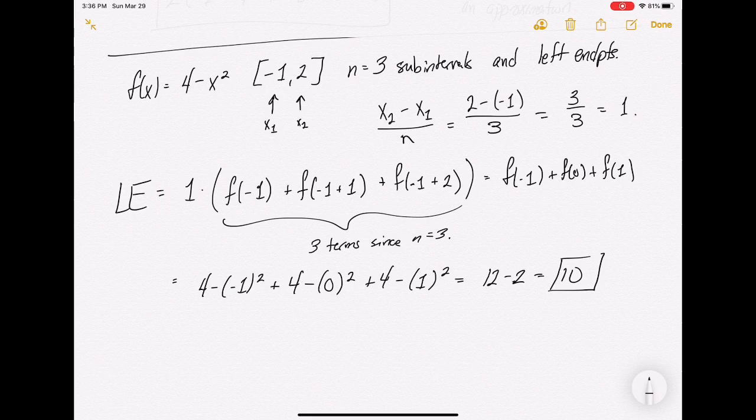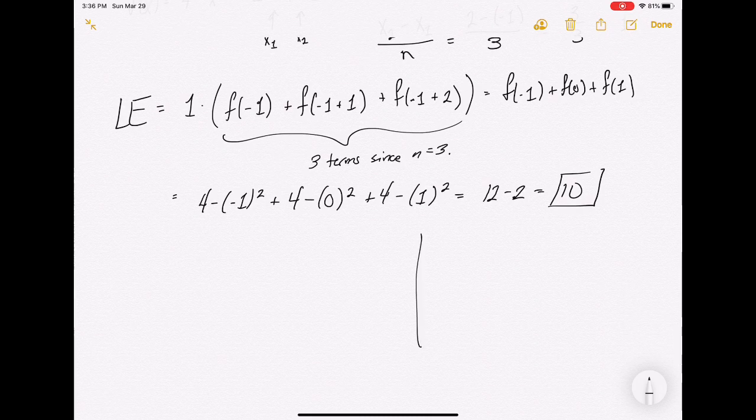And if I draw this out, I think you guys could believe me, because what does this look like? This is the point y equals 4 up here, and the graph looks something like that. It intersects at x equals 2, and so we're approximating the area here.